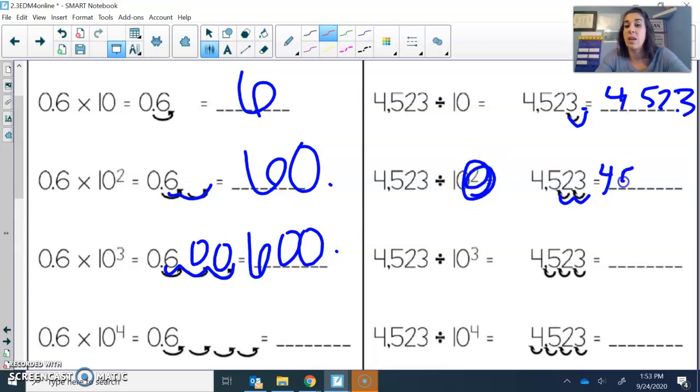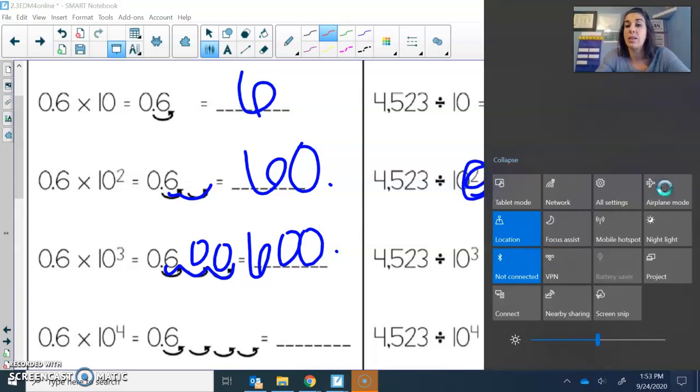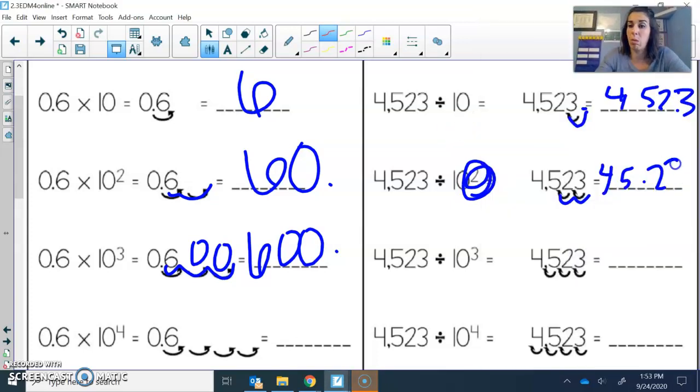So I'm going to have the answer 45 and 23 hundredths. If I divide by 10 to the 3rd, because it's 3 zeros, I'm moving 3 place value parts. So I have 4 and 523 thousandths.